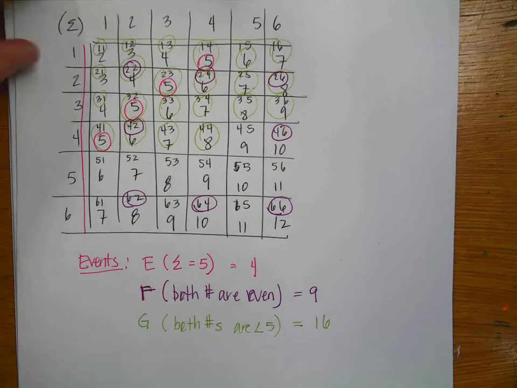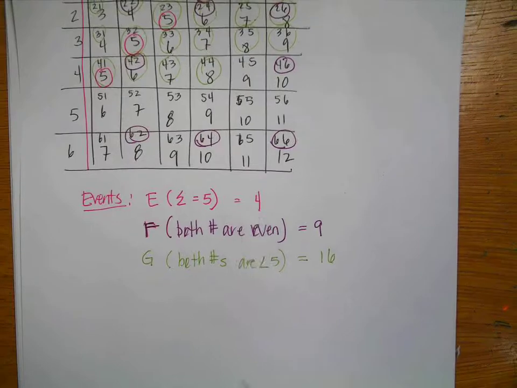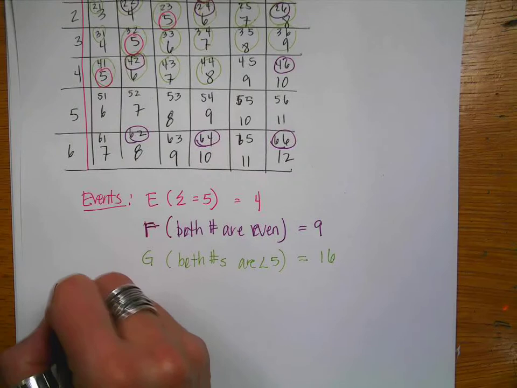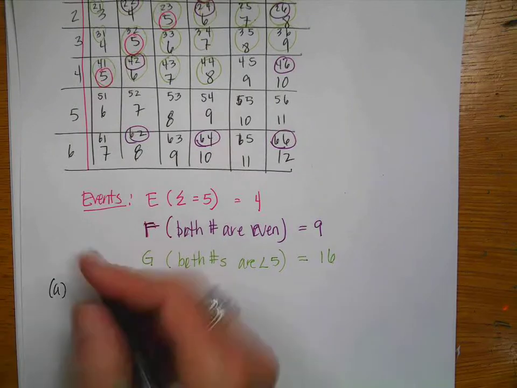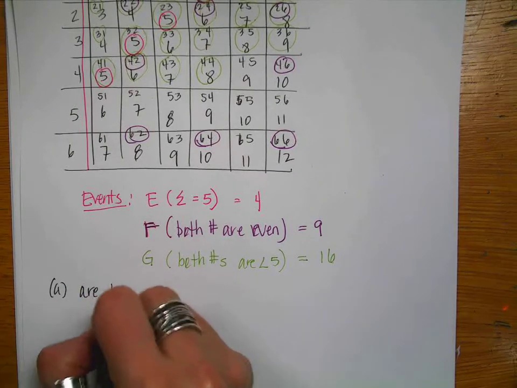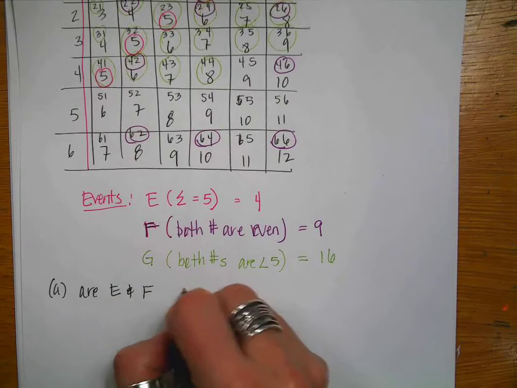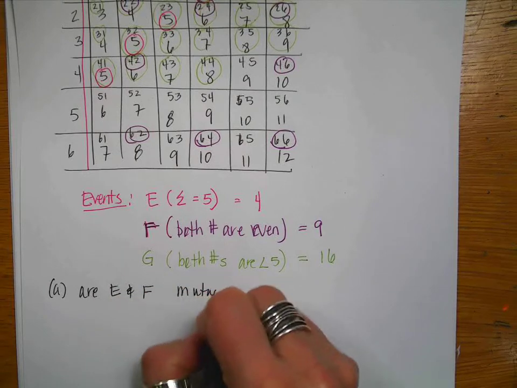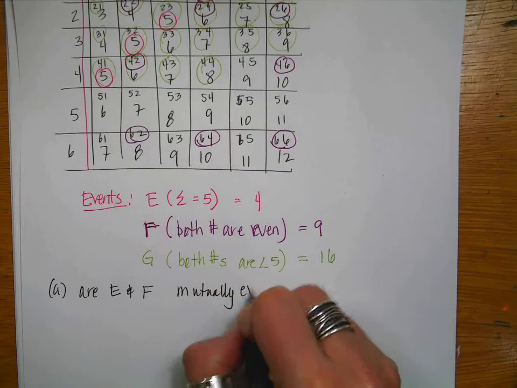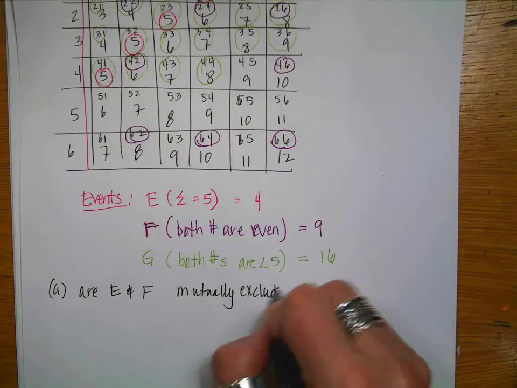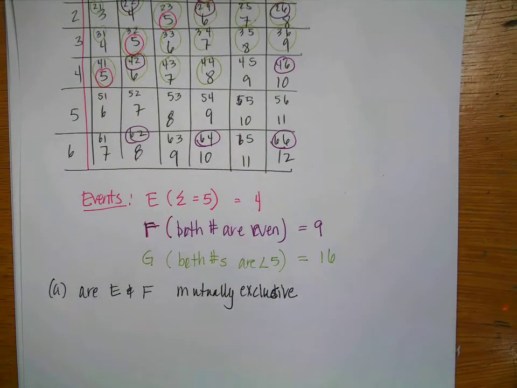So then now let's look at, and hopefully the colors make sense, so we're going to see where we have things overlapping. So for A, I want to know, are E and F mutually exclusive, meaning they don't happen at the same time.